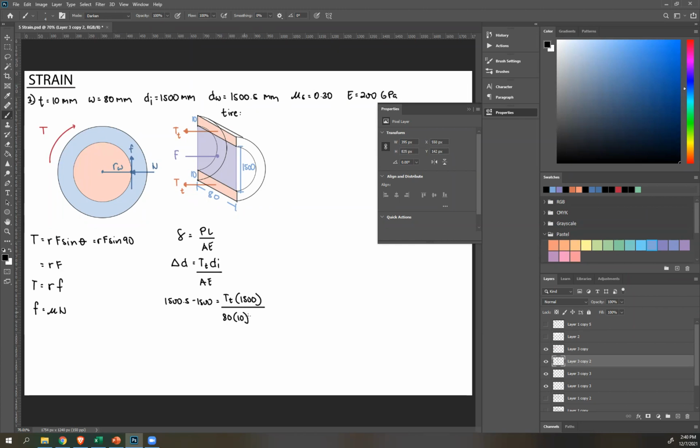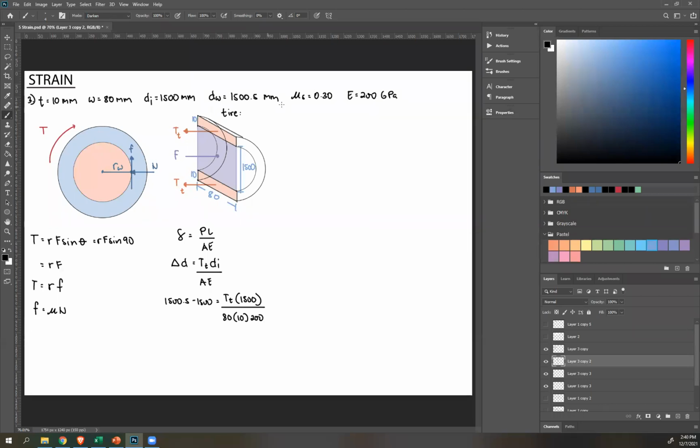And then E is given 200 times 10 raised to 200 GPa. That's GPa. Our unit is MPa, supposedly, because we're in millimeters. So take note of this. To convert GPa to MPa, that's just times 10 raised to 3. So 1 GPa is 1,000 MPa. So I'll times 10 raised to 3 this. All right, from this, we solve what's P.